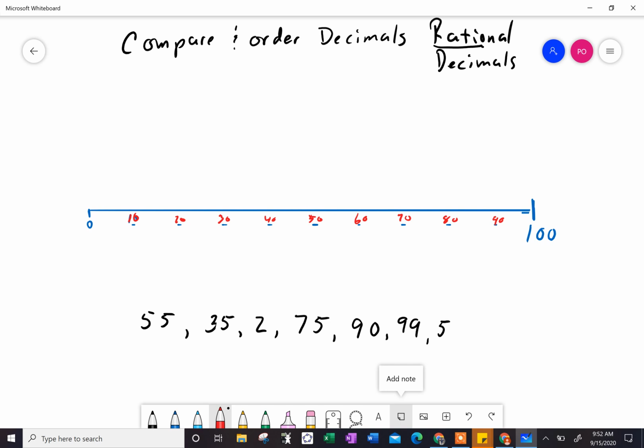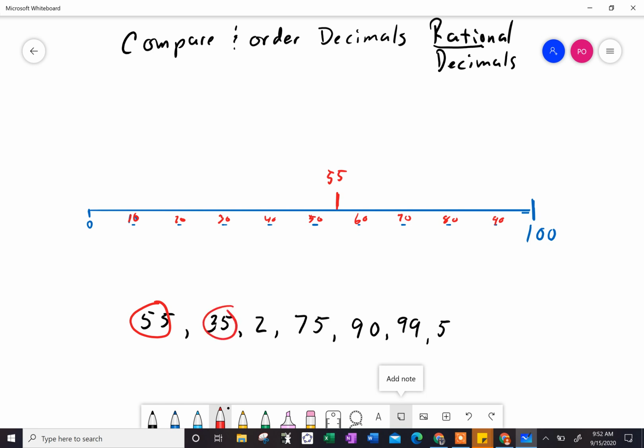Now, what I am going to argue is, even though we don't know, and I could use my ruler once again, but even if I didn't know, now I have a really good representation. I know that 55 has to be somewhere right between 50 and 60. That would be my 55.